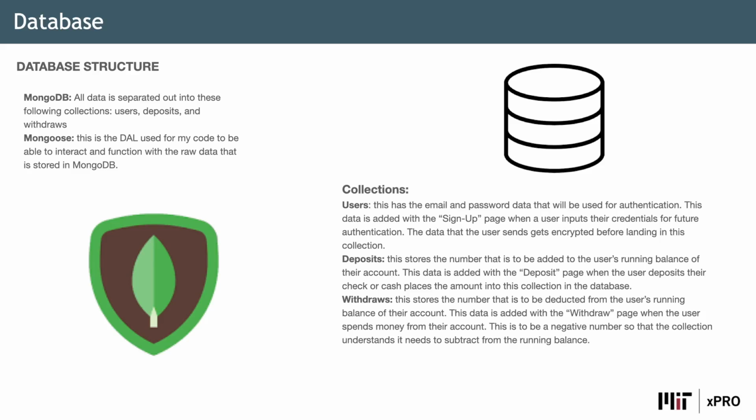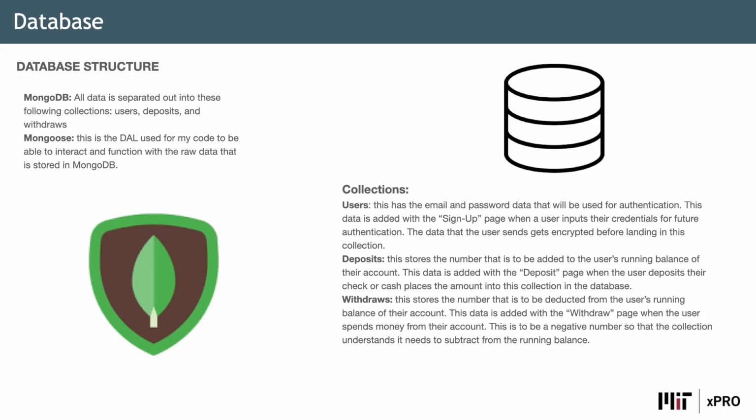And before this data actually hits the database, it gets encrypted using bcrypt and JWT. That way, if the database is ever compromised, there's no information there that can be stolen without the decryption files.